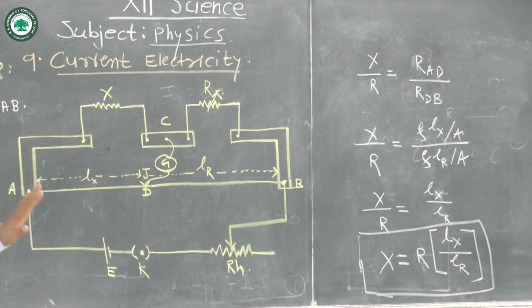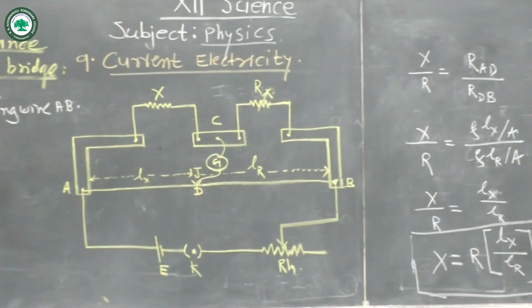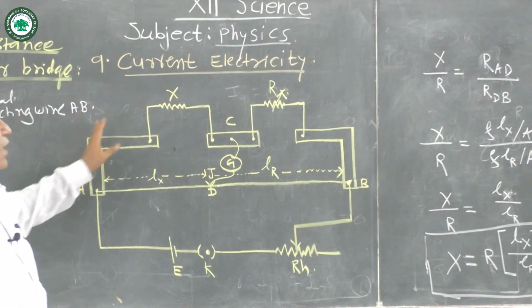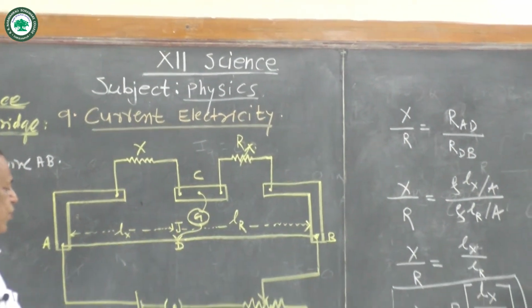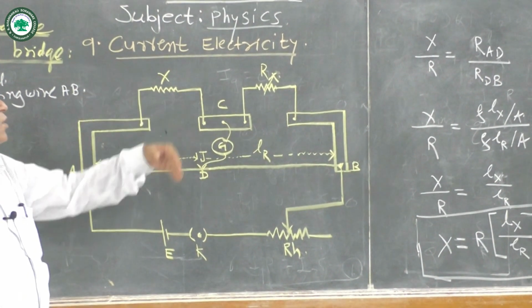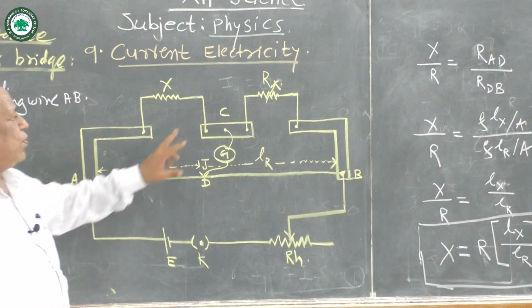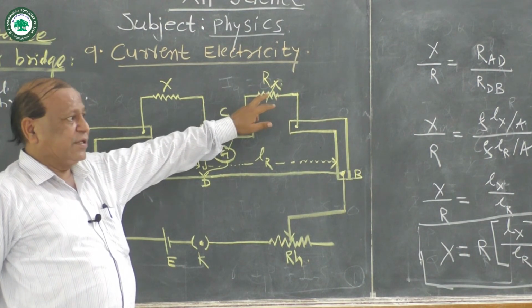Now what is the procedure of the experiment? Make the circuit connections as shown in the figure here. Close the plug key K, current will be flowing through this circuit. Now here is the variable resistance.